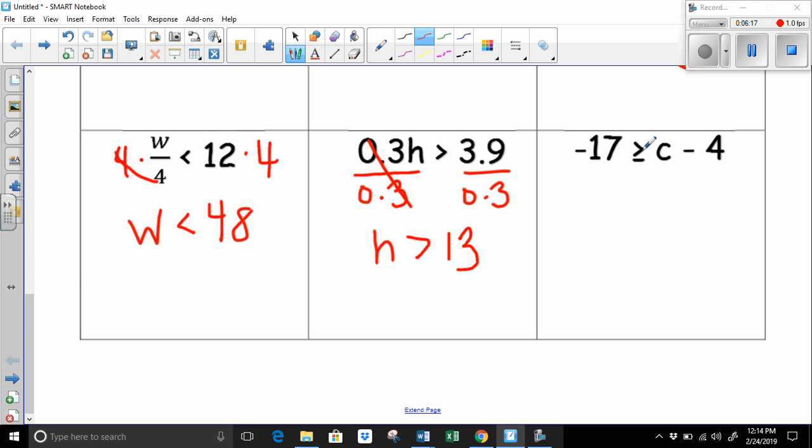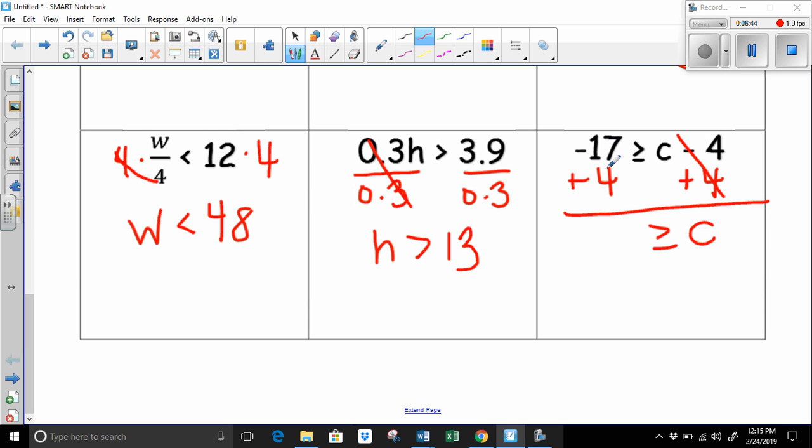For this last problem, it is a little bit trickier because we are dealing with integers, but again, you can use your calculator if you need assistance with that. c is our variable, attached is a -4, so I'm going to do the opposite, which is adding 4 to both sides. When I do that, our 4's cancel. I'm going to bring down c. I'm also going to bring down that greater than or equal to symbol. And now we have -17 plus 4.